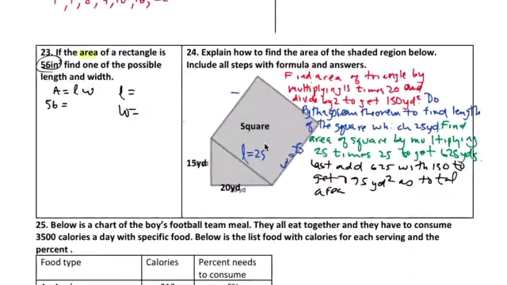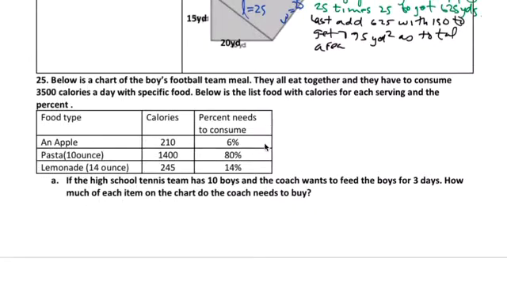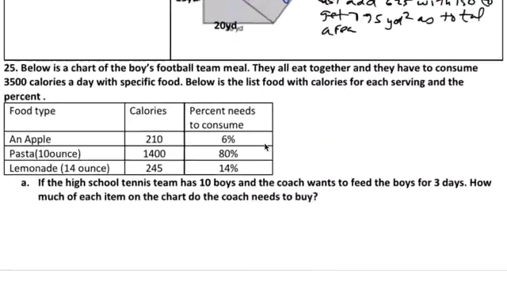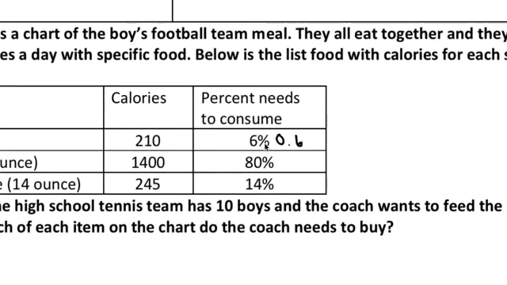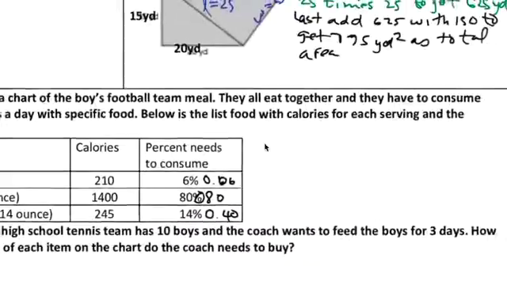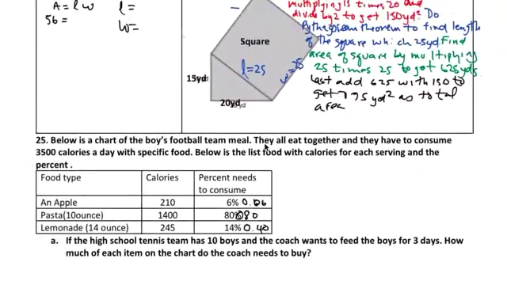How you do that? Okay, this here for 25, every time you may change it into a decimal. Then you multiply by the total calorie right here.